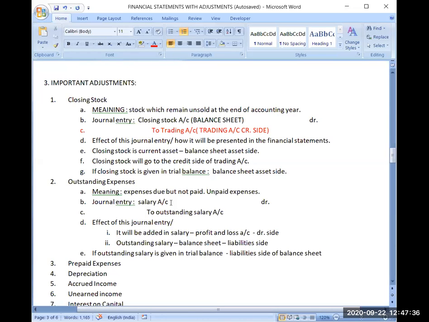Now, salary is what type of account? Yes, salary is a nominal account. Very good. Now, a nominal account has what type of balance?